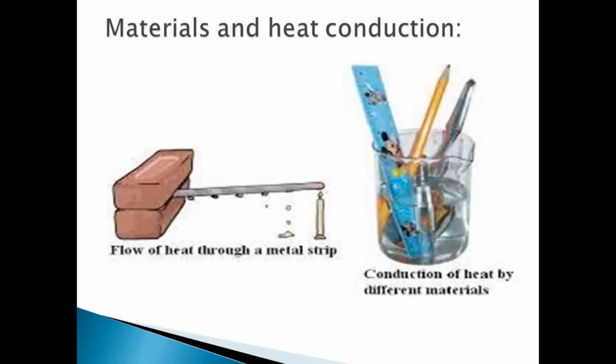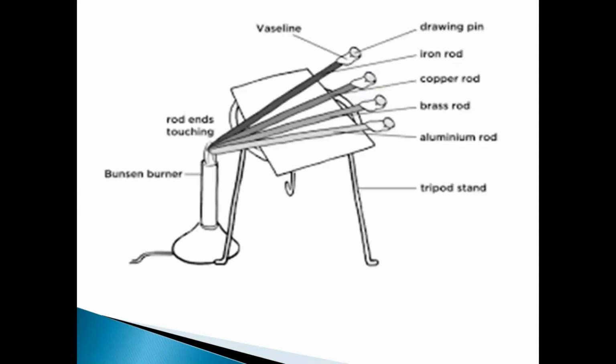If we bring materials made from wood, plastic, aluminum, and copper near the fire or a lit candle, what will we observe? I will observe that I feel heat in some of the materials, like a spoon made of aluminum, copper, or iron, but I don't feel heat in a pencil made of wood or a ruler, which melts. What do we observe?